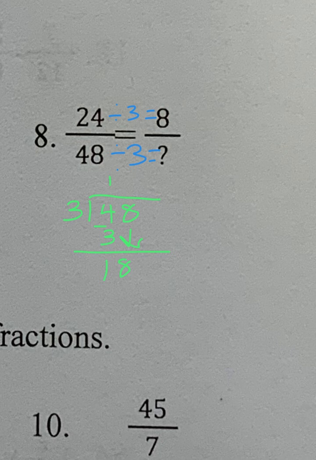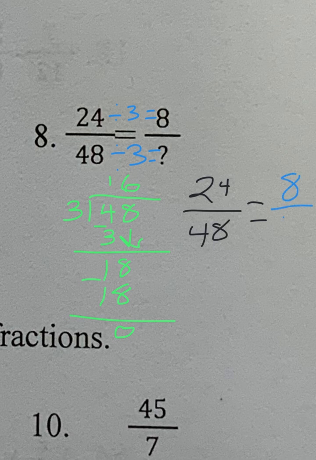It goes in 6 times. 6 times 3 is 18, and if I subtract, I get 0. So my answer is 16. I'm going to rewrite this as 24 over 48 is equivalent to the fraction 8 over 16. That's my answer.